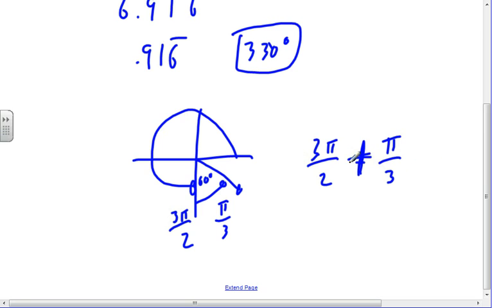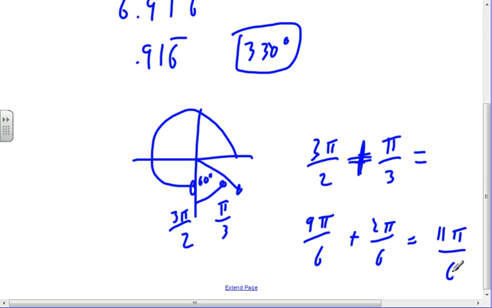That's a plus sign in case the audience wants to know. Okay, now my common denominator is 6. So I got 9 pi over 6 plus 2 pi over 6. So it's 11 pi over 6. So that'd be my last answer.